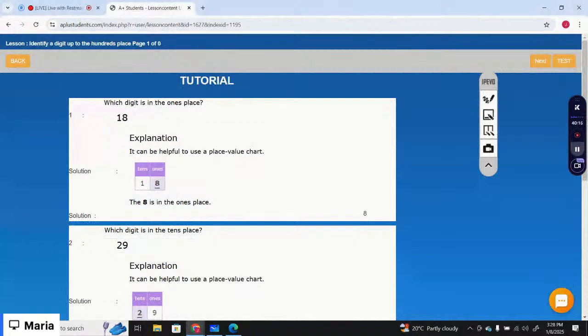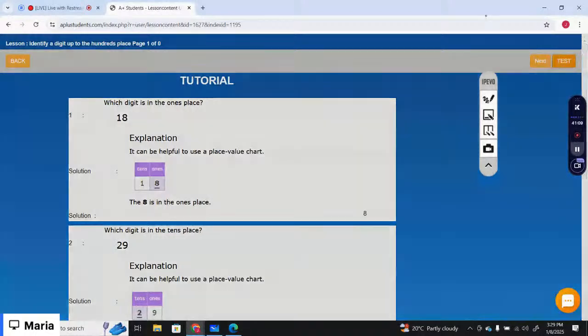The rightmost digit is always the digit at the ones position. Eight is at the ones position. The correct option is 8.